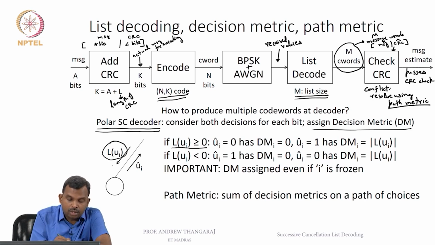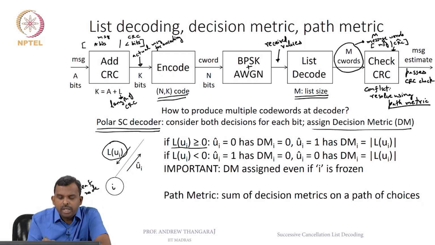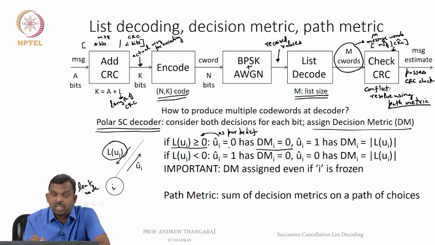This belief is coming into the leaf node, let us say the ith leaf node, and then you put out a u_i cap. How do you do that usually? If L of u_i is greater than or equal to 0, you say u_i is 0. So if you made a decision as per the belief, then you assign a decision metric of 0.